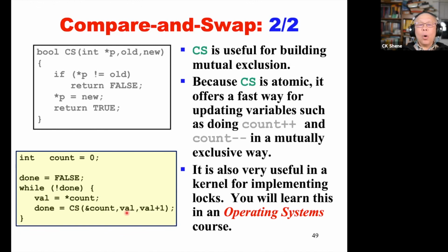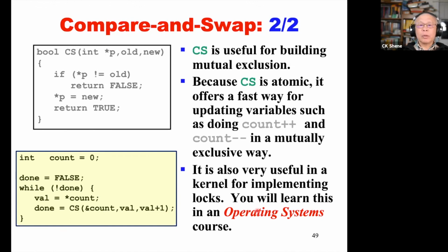That is, only if the variable is 1 less than the value I want to achieve, then I do an update. Hopefully you understand this example. Of course, you can do that: one process can add 1 to it, the other process could subtract 1. And this is very commonly seen in implementing the kernel.